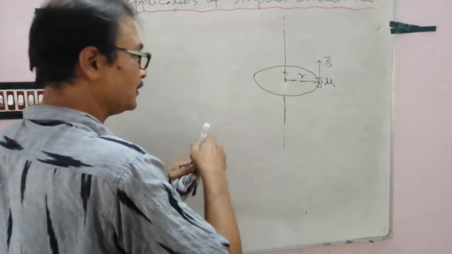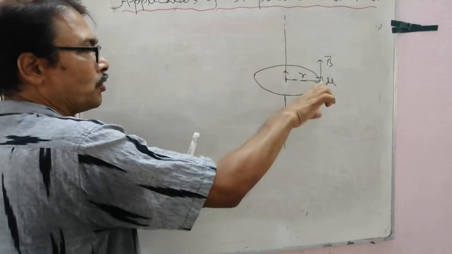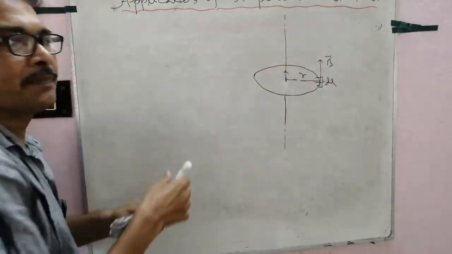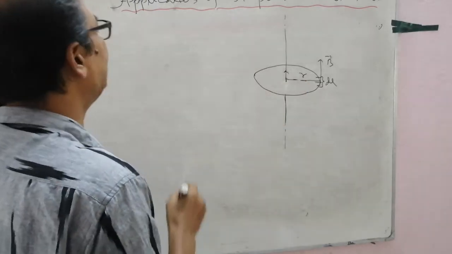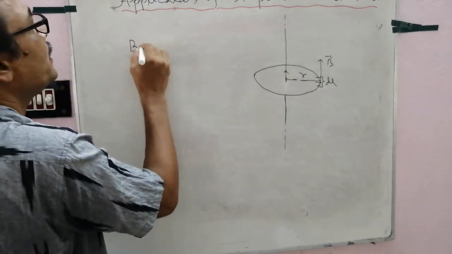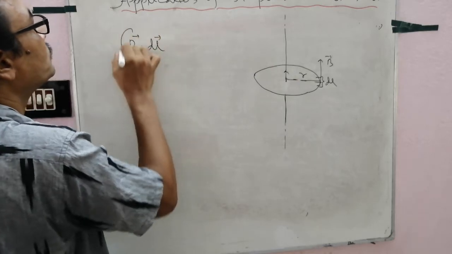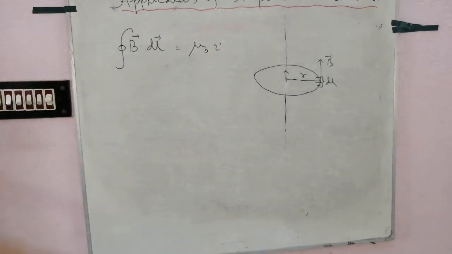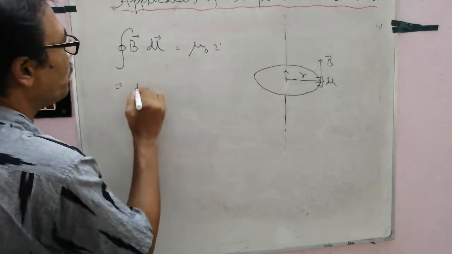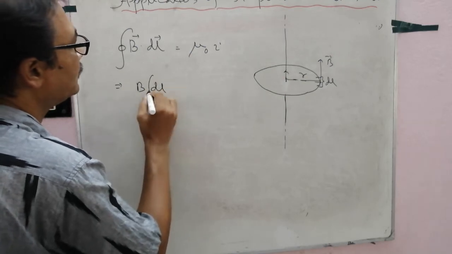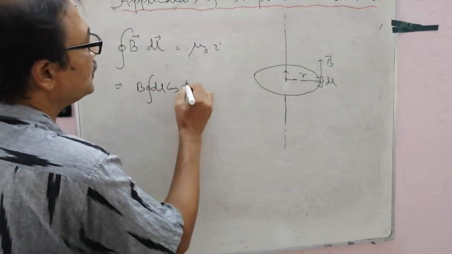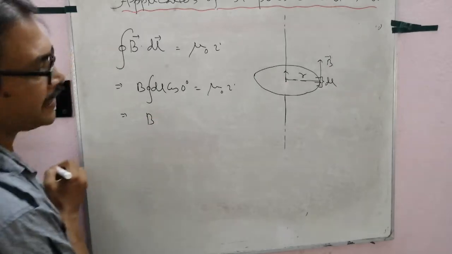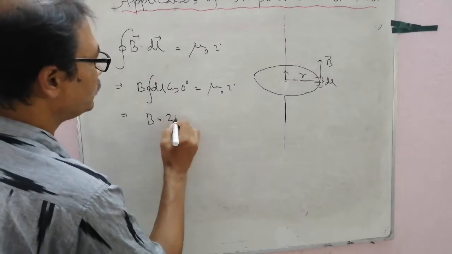Here the current is in this direction. So the direction is tangential to the loop dl, and the angle between B and dl is 0. So by Ampere's circuital law, B dot dl equals mu 0 I, where I is the current enclosed by the loop. B dl cos 0 degrees equals mu 0 I. What is the integration of dl? It is 2 pi r.